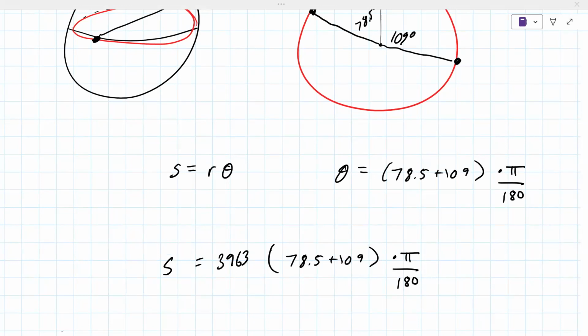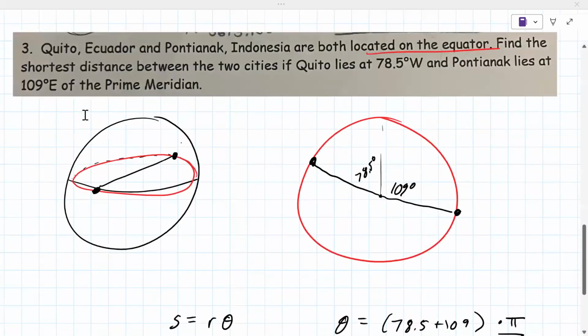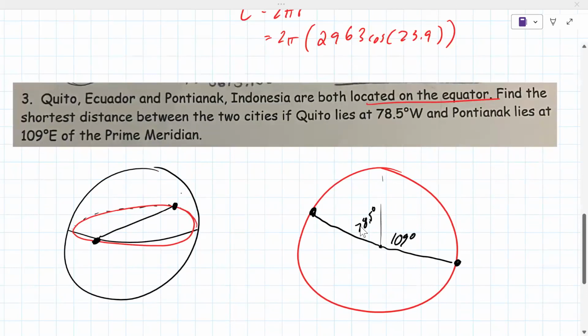What's the prime meridian? Parallel 50 degrees north of the equator. Okay, so number 4. Yeah, surface distance. See, this problem says shortest distance. I think they want you to find this thing I've drawn over here.